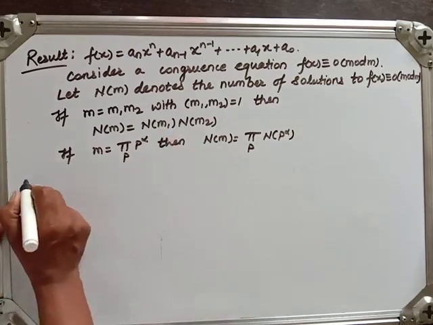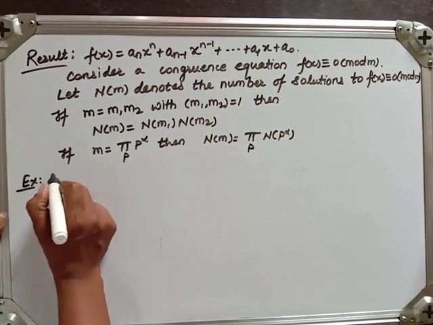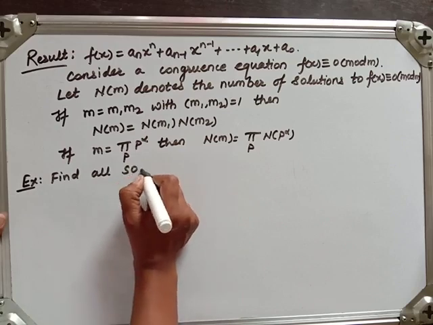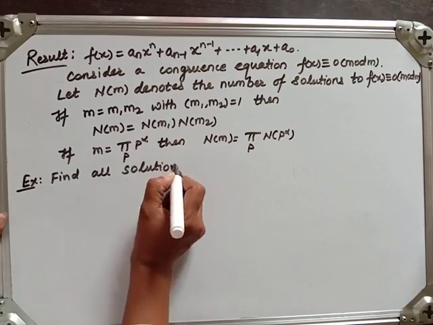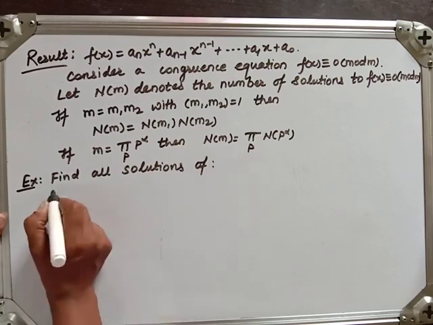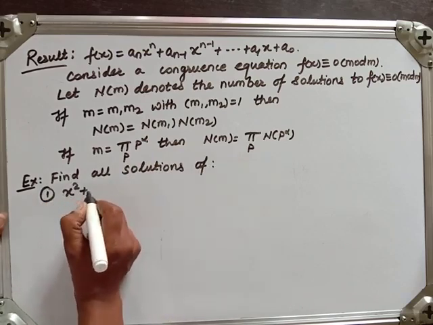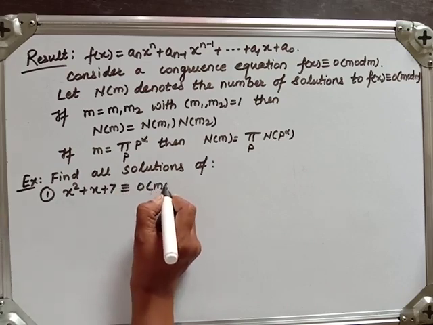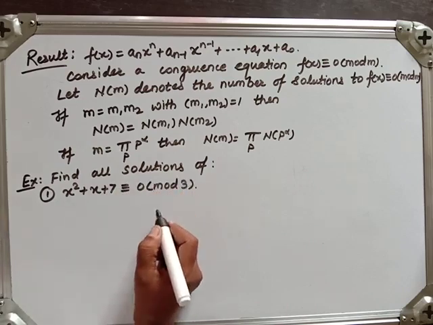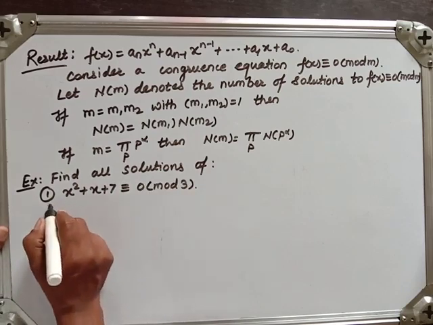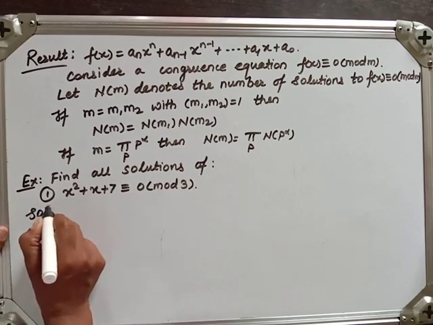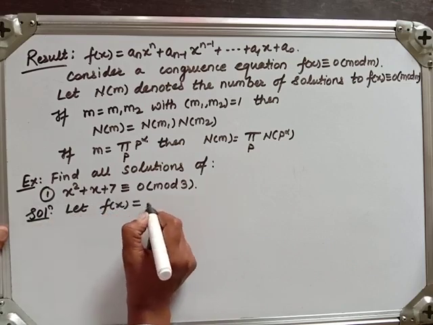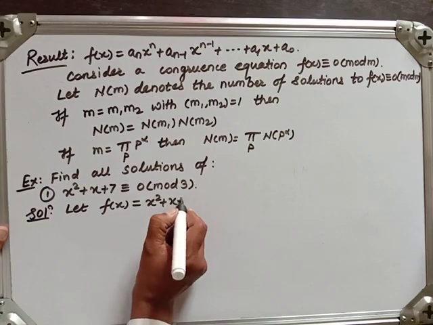Let me take one example so that you can get it. Find all solutions of first, x square plus x plus 7 congruent to 0 modulo 3. Okay. So here solution, let f of x be x square plus x plus 7.